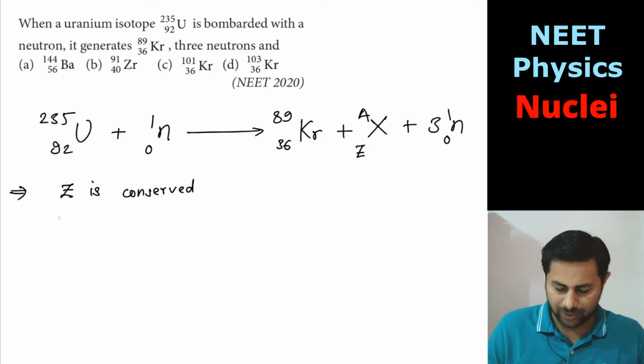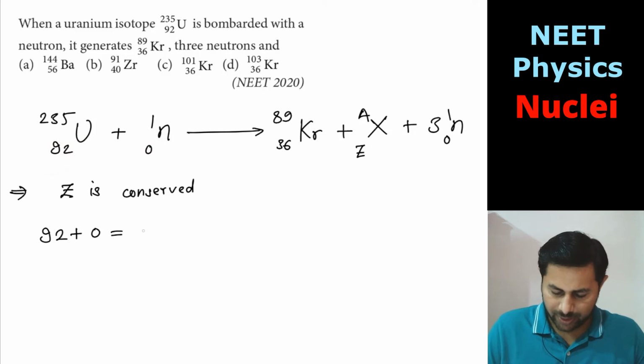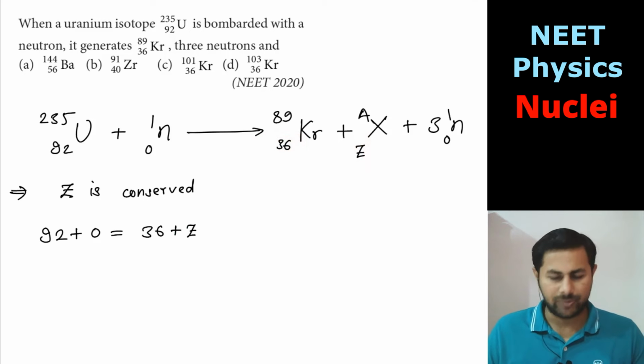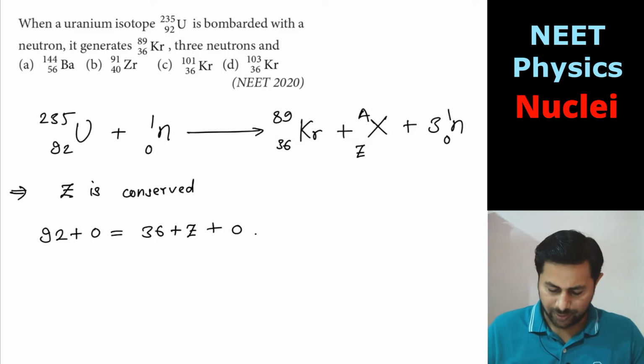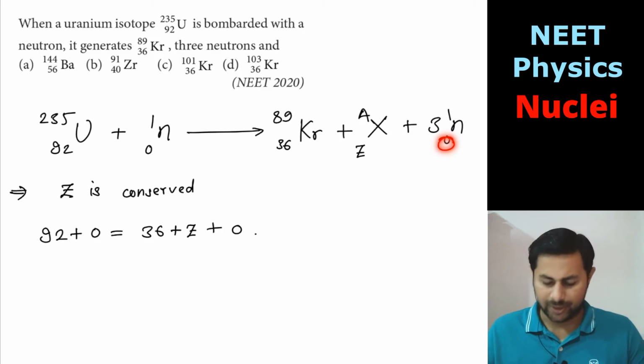So from conservation of atomic number, what do we get? 92 plus 0 is equal to 36 plus Z, which we don't know, plus 0. Atomic number of neutron is 0.